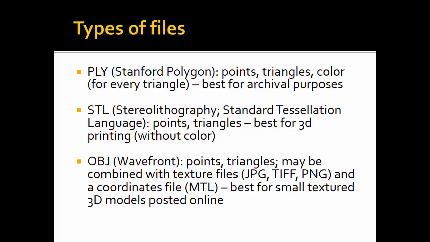Now, files tend to be larger in the way they represent topography. So if you want to represent a certain amount of topography, PLY is the most efficient way. But OBJ allows you to separate the color of the object into a separate file with coordinates related to the topography of the object. So you can create objects of relatively simple topography, so perhaps not very accurate representations of whatever you documented, and incredibly high resolution color images attached to them.